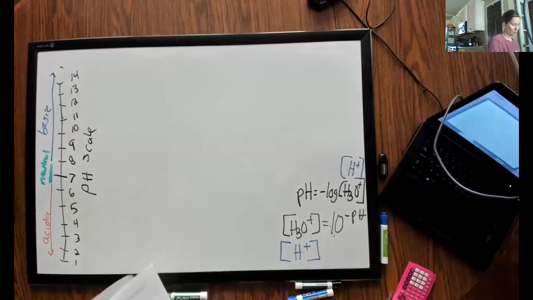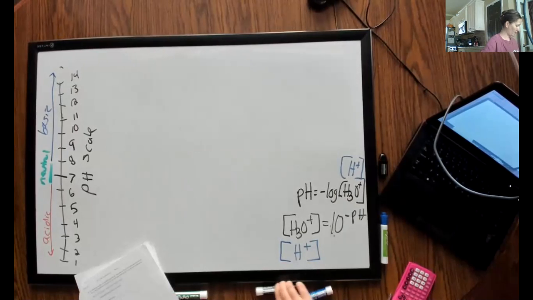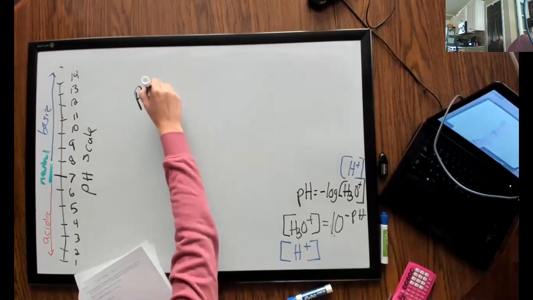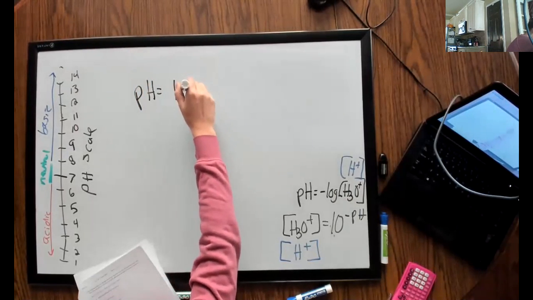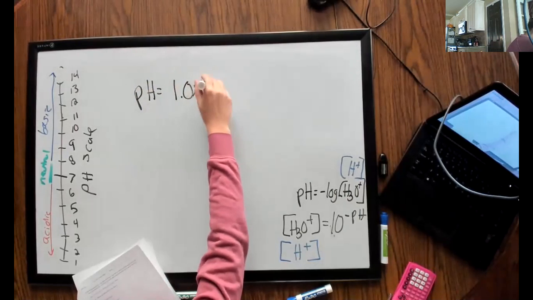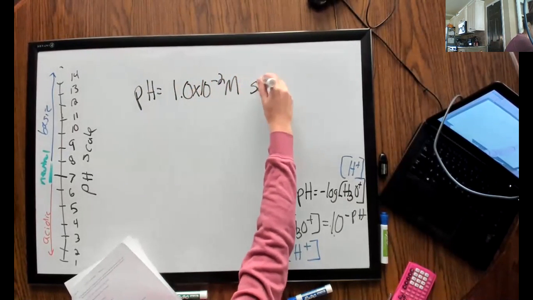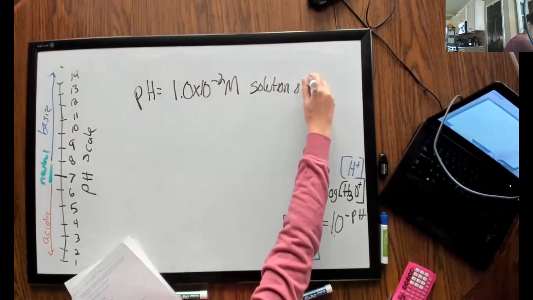So let's look at number 27 on the practice homework, where we're calculating the pH of 1 times 10 to the negative 2 M of HNO3.